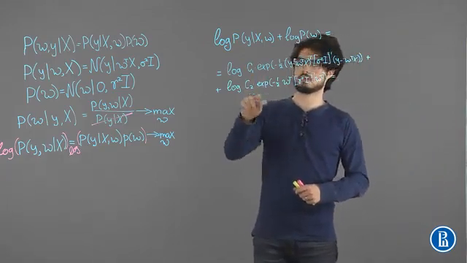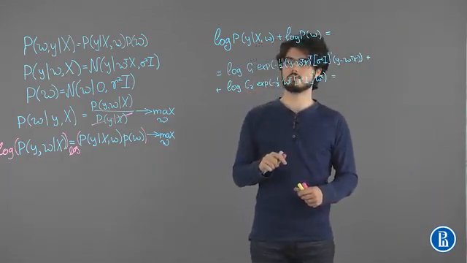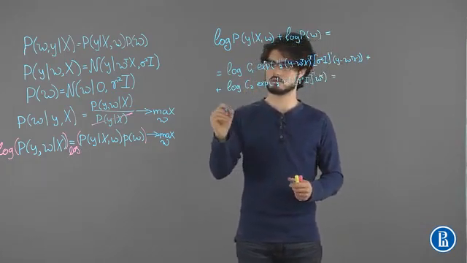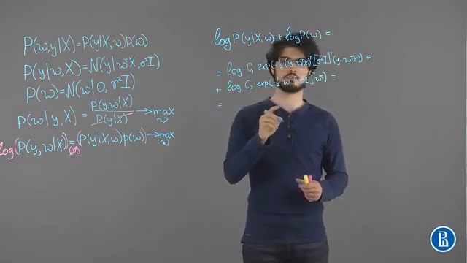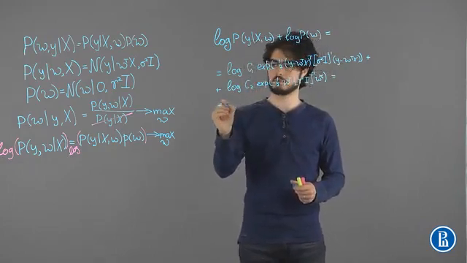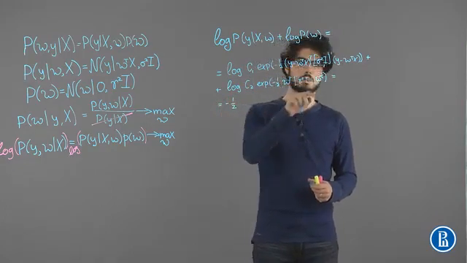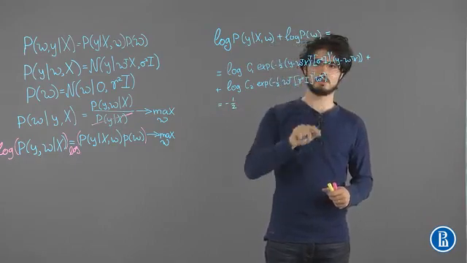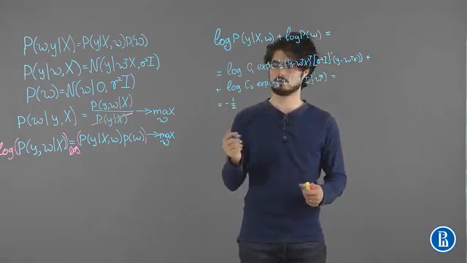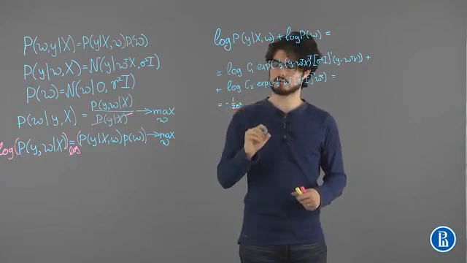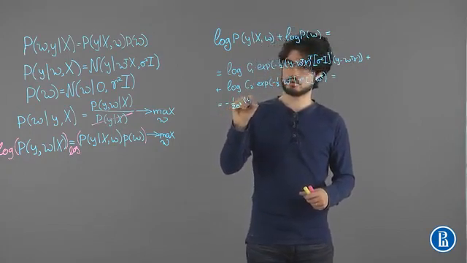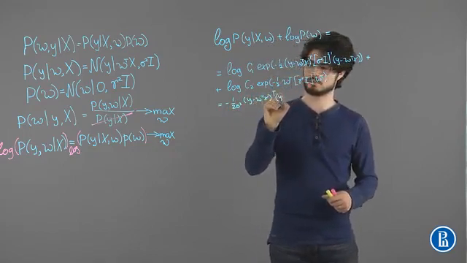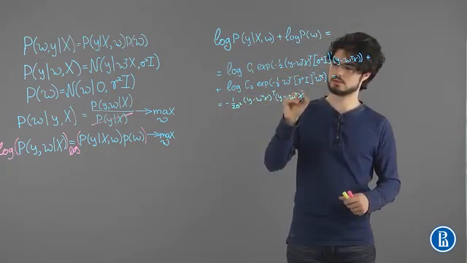Alright, so we can take the constants out of the logarithm, and also the logarithm of the exponent is just the identity function. So what we'll have left is -1/2. The inverse of the identity matrix is the identity matrix, and the inverse of sigma squared is 1 over sigma squared. So we'll have something like this: (y minus w transpose x) transpose times (y minus w transpose x).